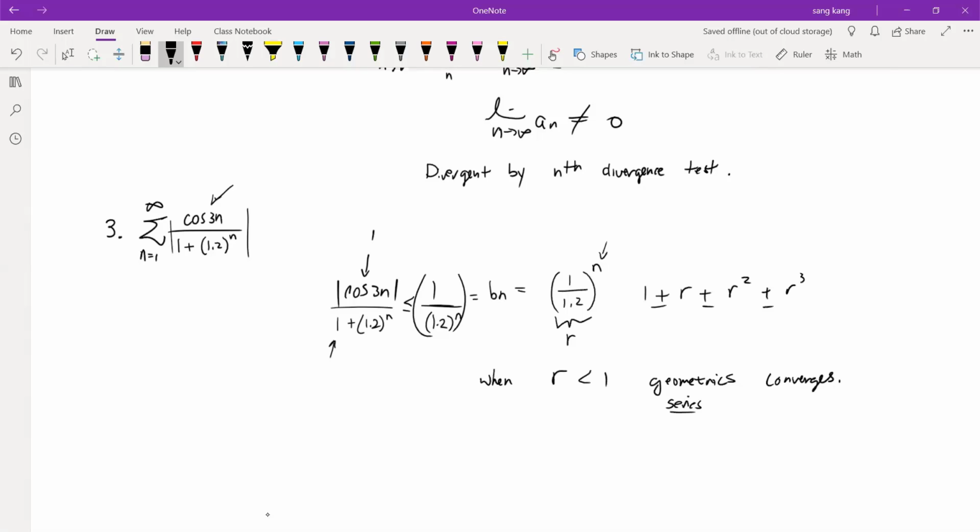It should be plus, since we're talking about series. So we know that 1 over 1.2 is less than 1. Therefore, the series Bn will converge, right?